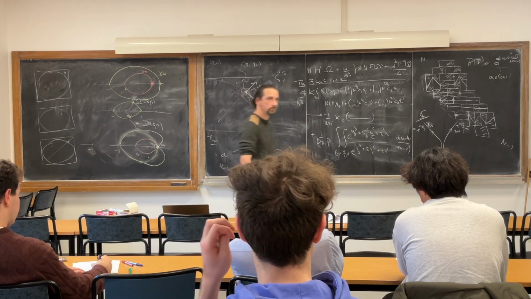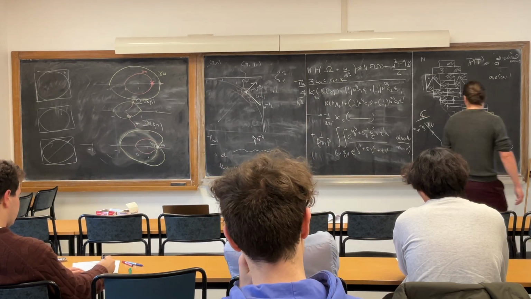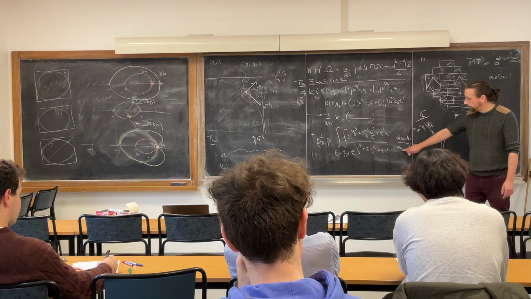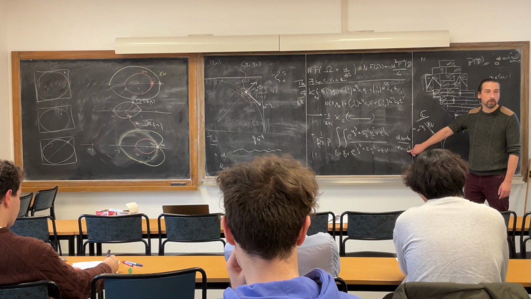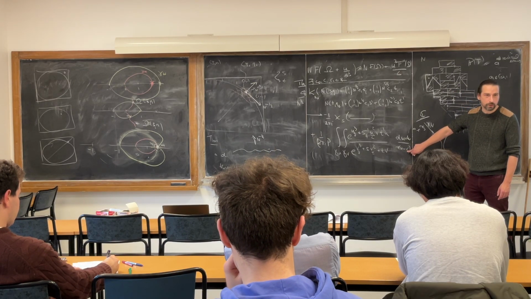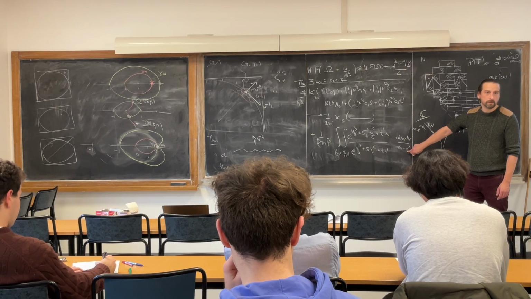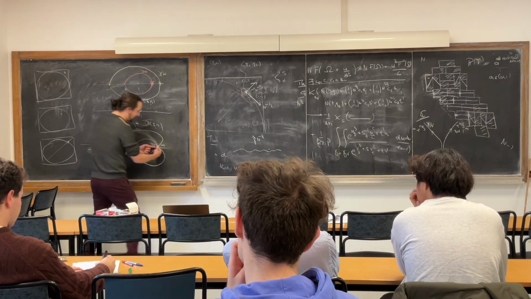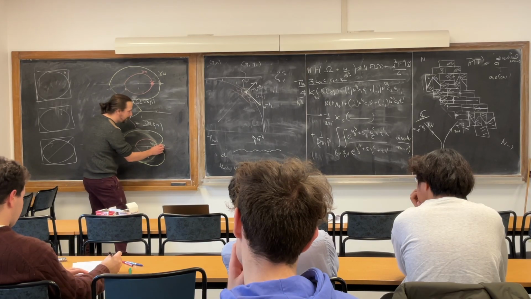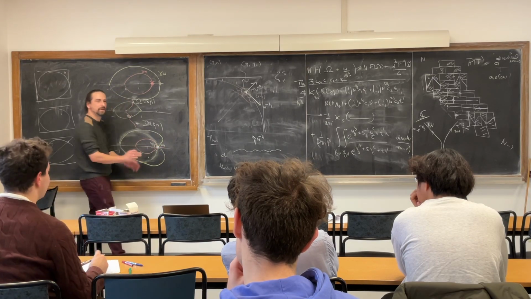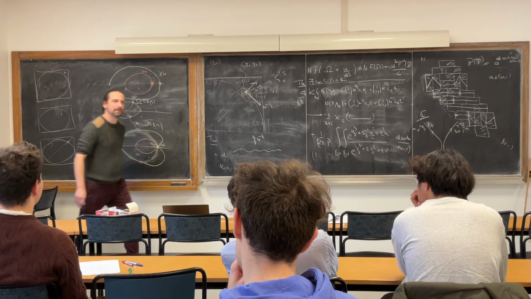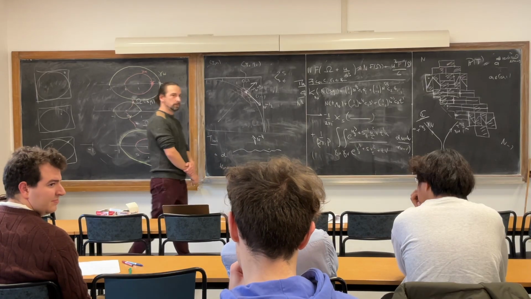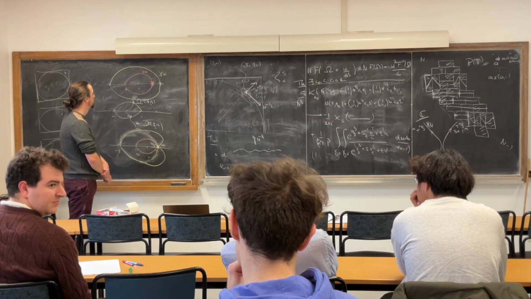Right, and then I can just move them around how I want. You have to be a little bit careful because if they cross, you pick up a residue. So what I actually do is I don't let them cross exactly, but when I zoom in here, I make them a little bit right and left, like a small deformation. But in the first picture, they go through the same point?